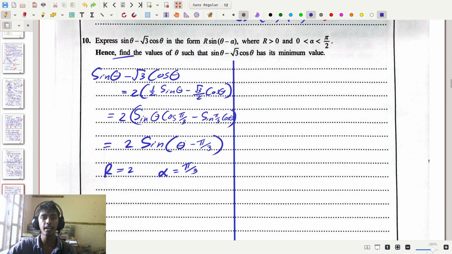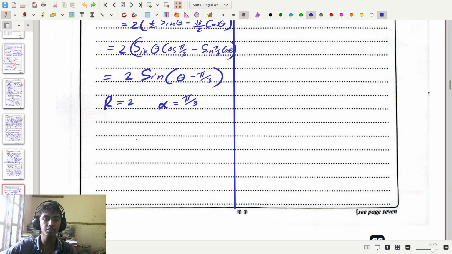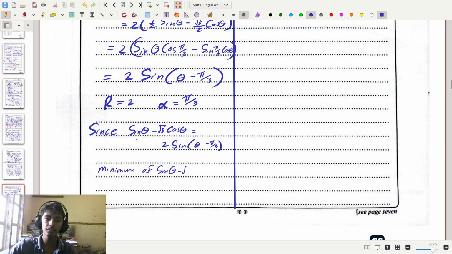The rest of the question says, hence find the values of theta such that the sine of theta minus the square root of 3 times the cosine of theta has its minimum value. Now, since sine of theta minus the square root of 3 times the cosine of theta is equal to this thing here, which is 2 times the sine of theta minus pi by 3, we can say that the minimum of sine theta minus the square root of 3 times cosine of theta occurs when the other part, which is 2 times the sine of theta minus pi by 3, is minimum.